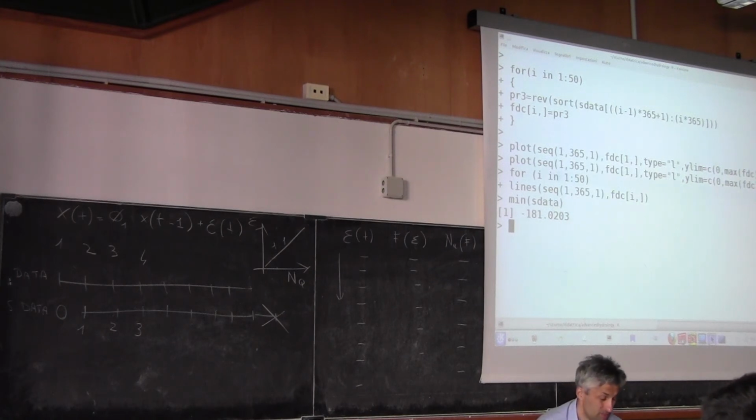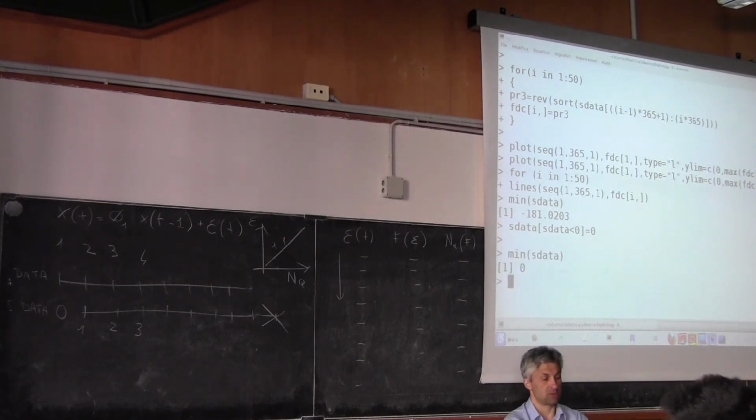So it's better, if you see that there are negative values, to put them equal to 0, because negative values have no physical meaning. So in order to impose that any negative value is equal to 0, you see here the instruction. And now if you try to recompute the minimum, it is 0.